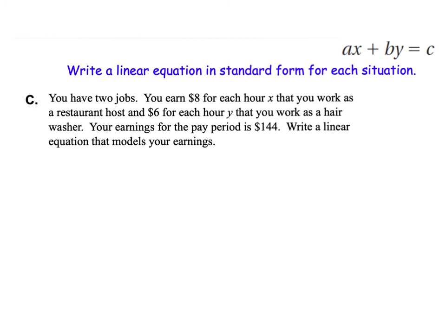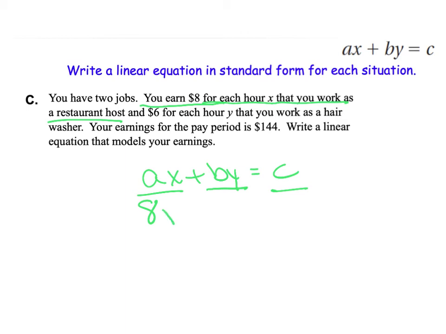Let's try one more example. You have 2 jobs. So again, ax plus by equals c. Here's job number 1, job number 2, and our total. Job number 1, you earn $8 for each hour x that you work as a restaurant host. So there's x, $8 for each hour as a restaurant host. Job 1. And $6 for each hour y that you work as a hair washer.